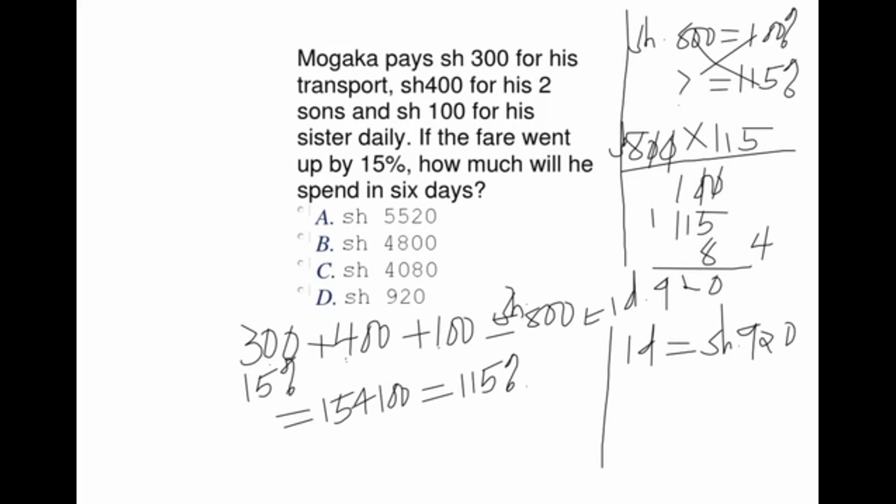920 shillings, that is after the increase in price. What about 6 days? So we have 1 day, we have 6 days. So we have 6 days times 920 divided by 1 day. So this and this cancel. We have 6 times 920. So we have 920 times 6.